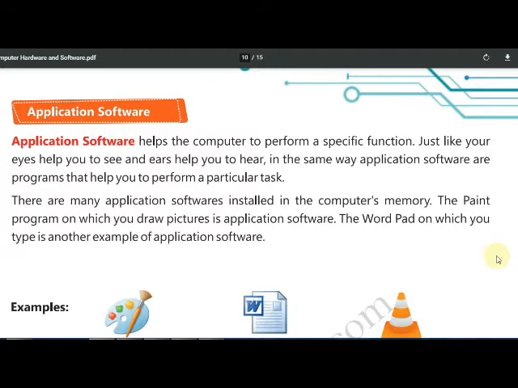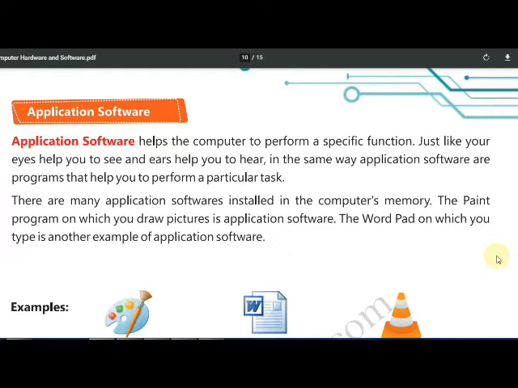Application software helps to perform a specific function, not all functions, only a specific function. Means to draw pictures, or to type a paragraph, or to play games, or to listen to music, or to watch movies. So these are specific functions; it will not allow you to do all these functions together.